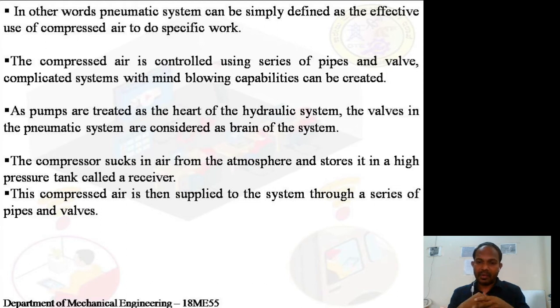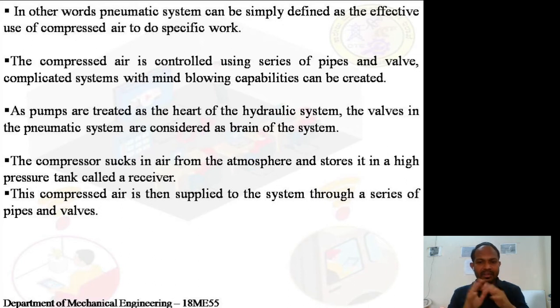Whenever there is more requirement, it will be used. Whenever there is less requirement, it will be stored, and further it can be collected with the compressor. This is how it carries on. So the compressor is the one which sucks the air from the atmosphere and increases its pressure, and then the pressurized air will be sent to the receiver.